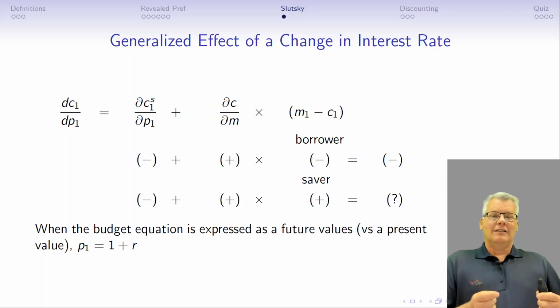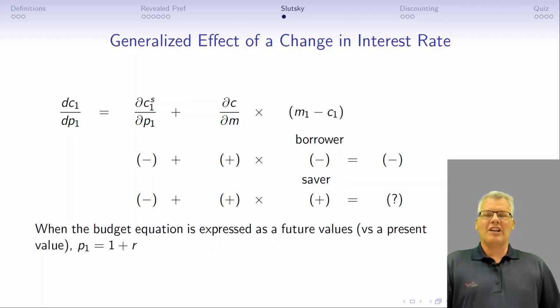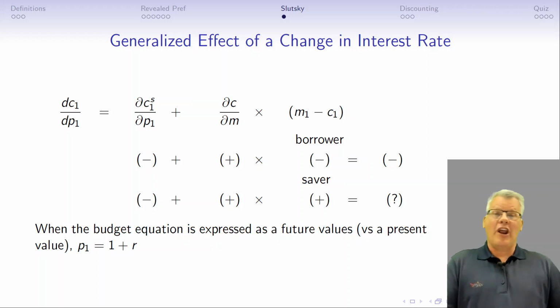The second term of the Slutsky equation, the partial of C with respect to M: when we initially did the Slutsky equation, this was the complicated one because the sign depended upon whether the good was a normal good or an inferior good. A normal good, you remember, is a good where as I become wealthier, I want more of it.